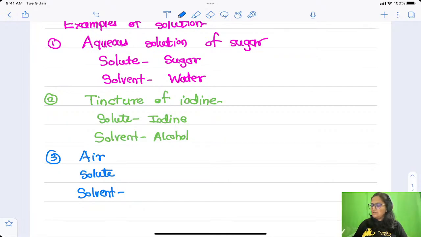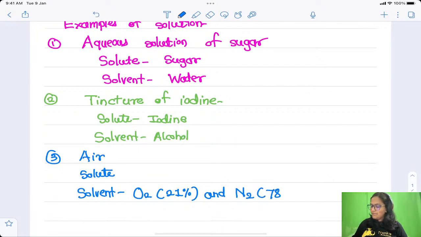So here we can say oxygen and nitrogen collectively are the solvents, as they are present in large quantity. As we know, there is 21% of oxygen in air and the nitrogen N2 gas, there is 78% of nitrogen in air. So these two are the solvent and all other gases.